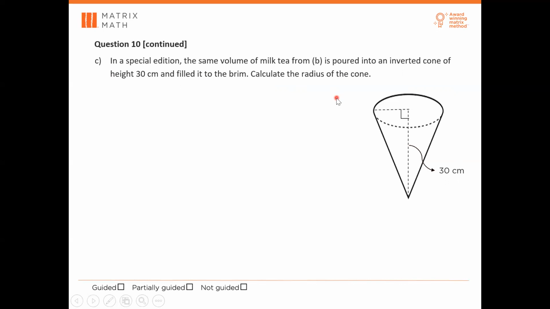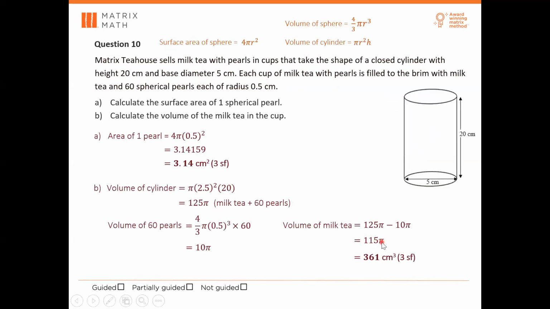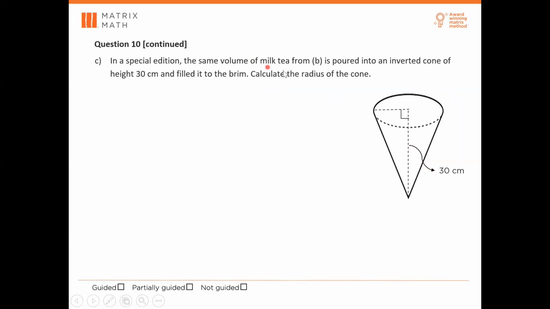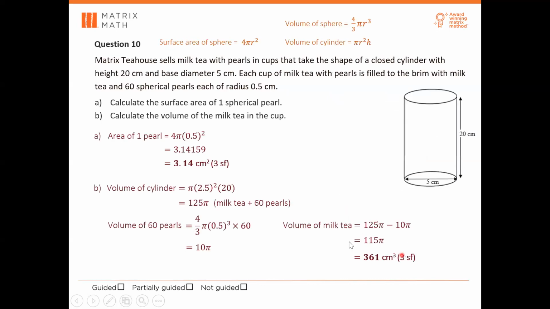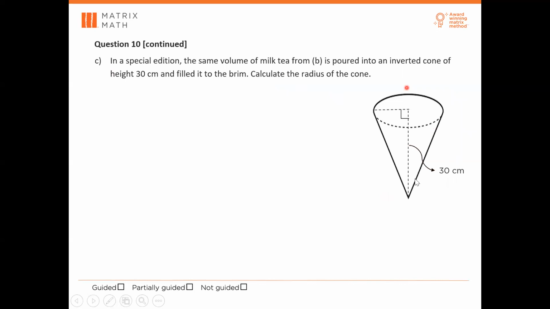So they say the same volume of milk tea from previously, which is 115 pi. They just want the milk tea alone, without the pearls. So the milk tea alone is poured into this cone, and it just nicely fills to the brim.